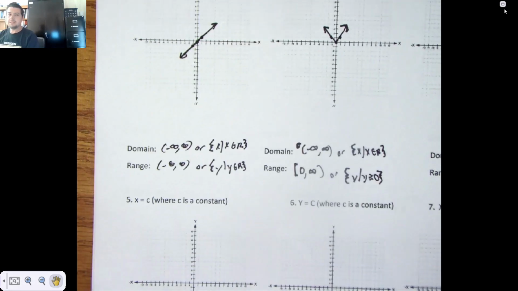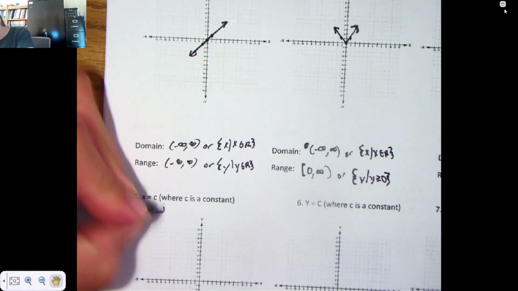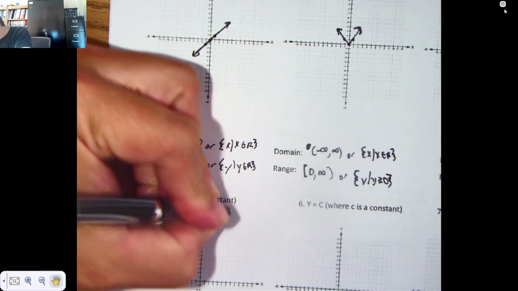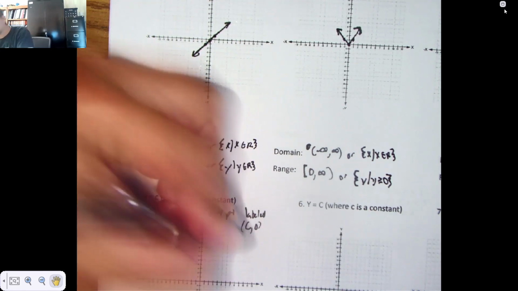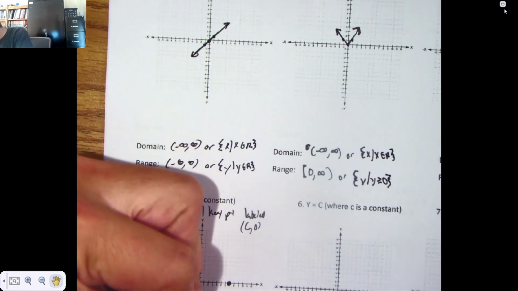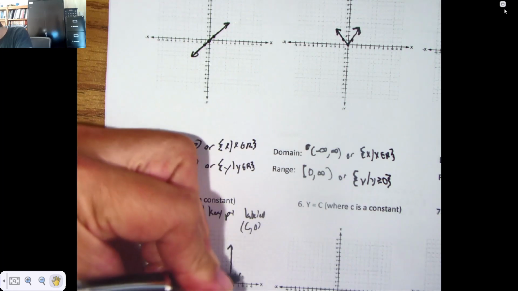All right, next up is x equals a constant, which is your vertical line. There's one key point labeled (c, 0). I'm just going to put it somewhere. Doesn't matter where it is, but it is labeled (c, 0).